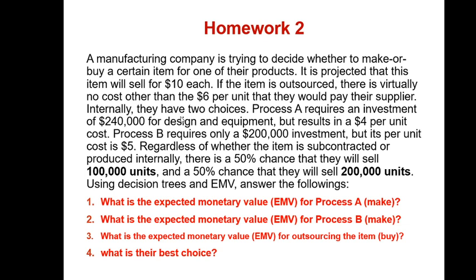Now we have another homework, but here we have three options, which is the process to use: process A, which is making by the company, or process B. So first option process A, second option will be process B, and third option will be outsourcing, yani to purchase the raw material.